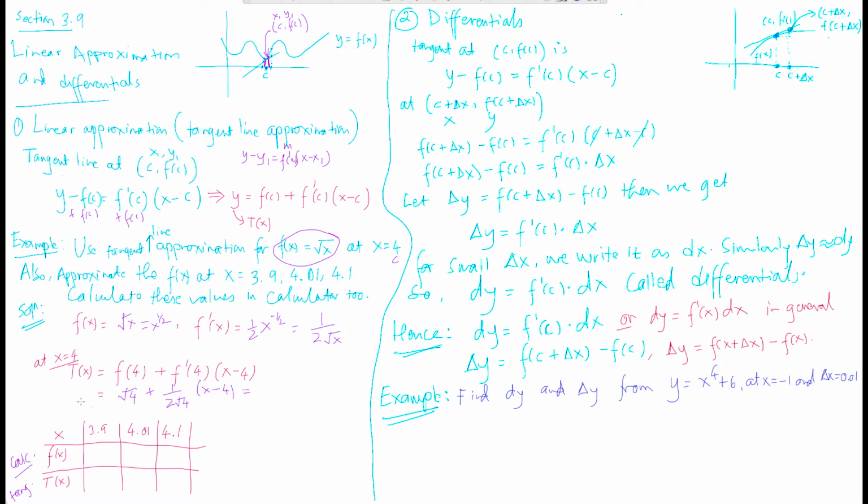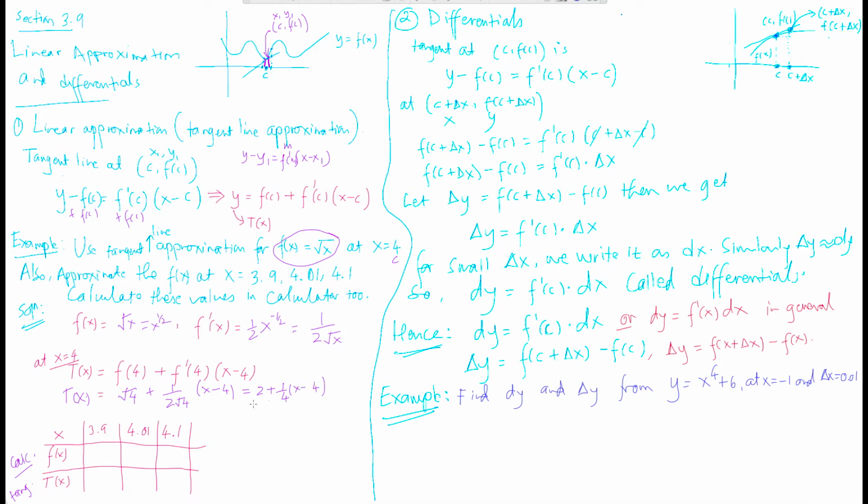So if you simplify this, you will get T(x) equals root 4 plus 1/2 root 4 times (x minus 4). So this will be 2, right? And then plus, how much is that? 1/2 times 2, 1/4, times (x minus 4).